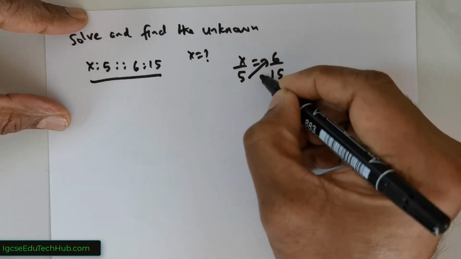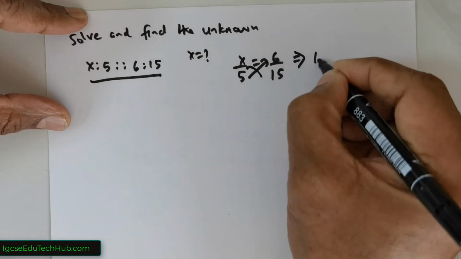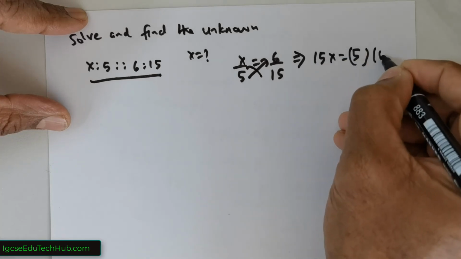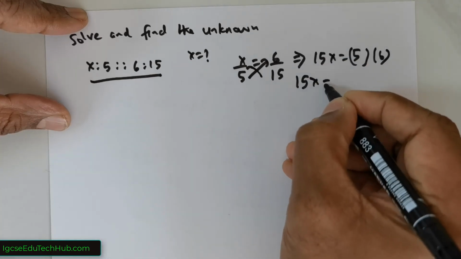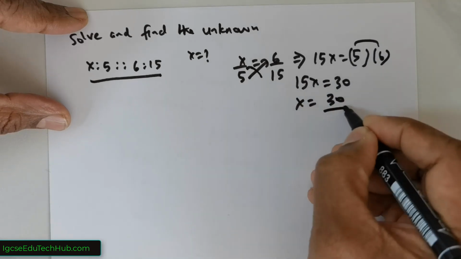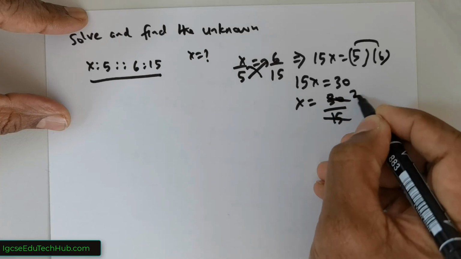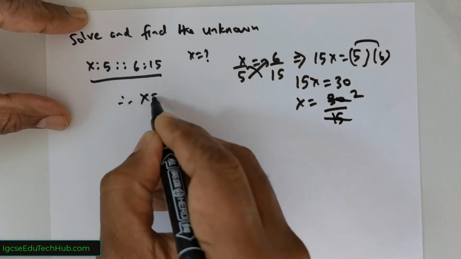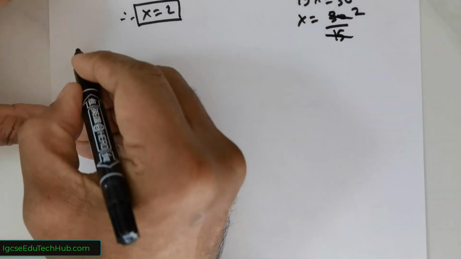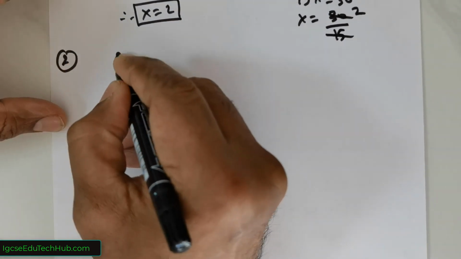You cross multiply, you get 15 times x is equal to 5 times 6. This is 15x is equal to 30. Then x is equal to 30 over 15. 15 divides 30 two times. So therefore the unknown x is equal to 2. So this is the first question. Moving on to question number 2.